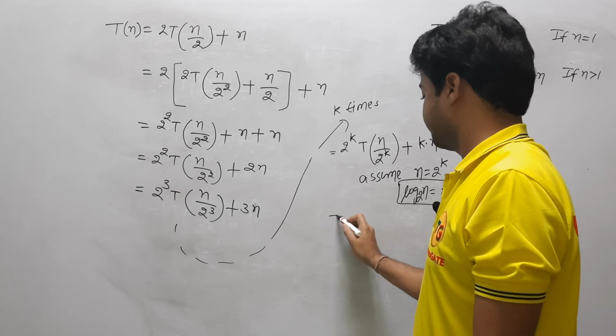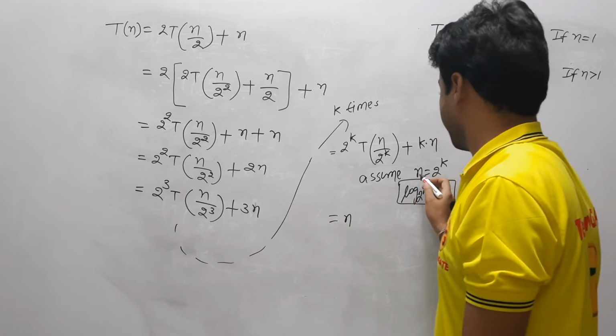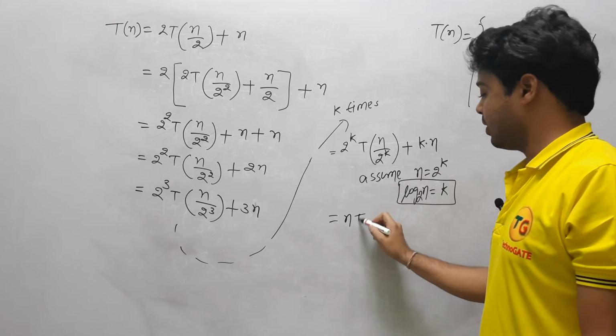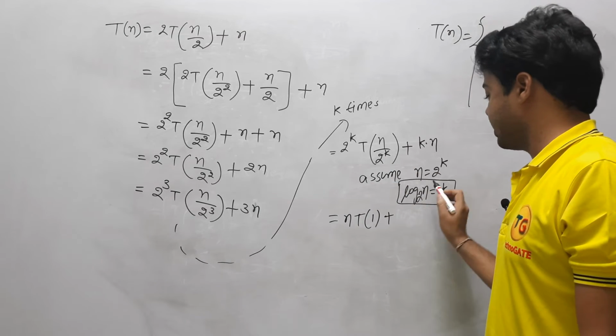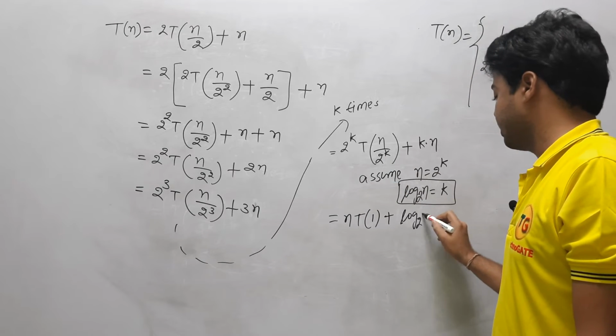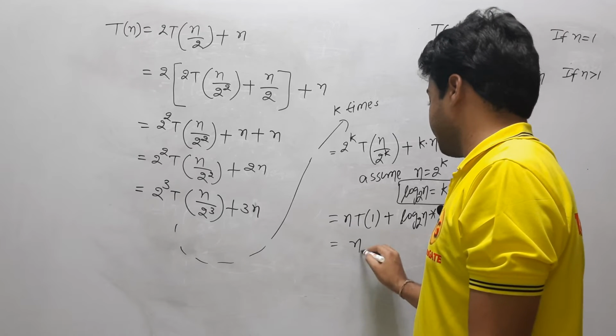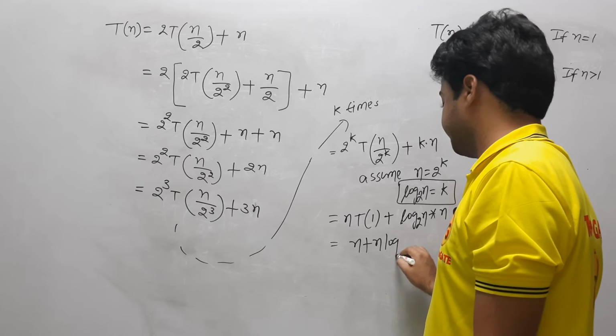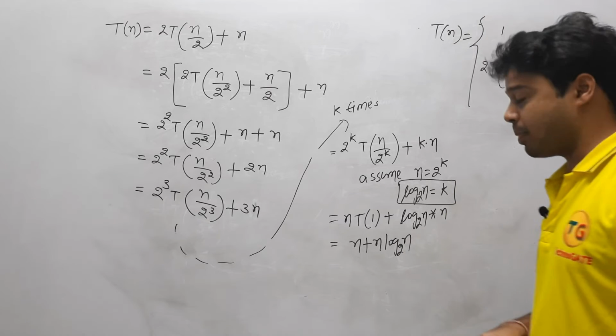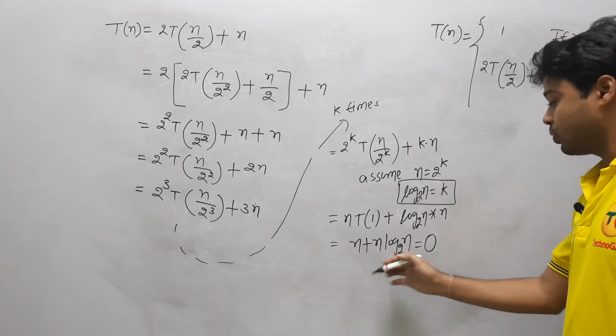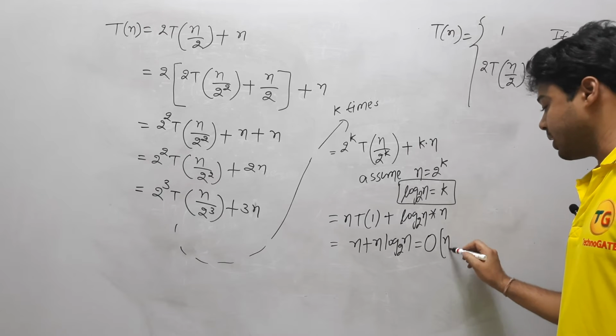So n becomes n·T(1) plus k, which is log n, into n. So n + n log n. Which is the upper bound?